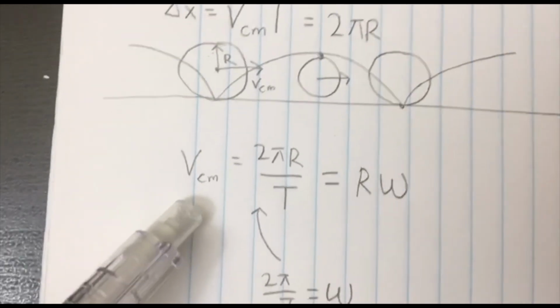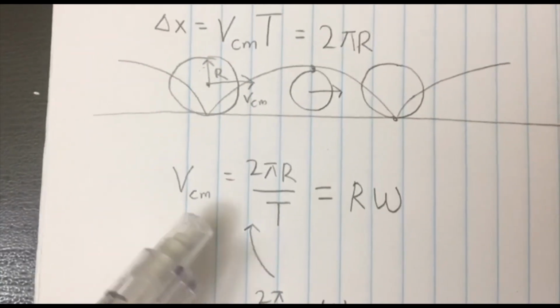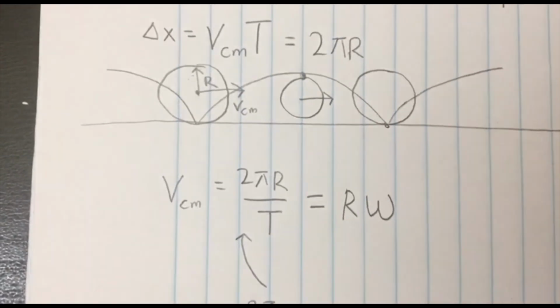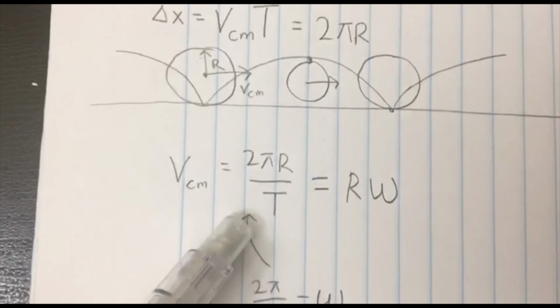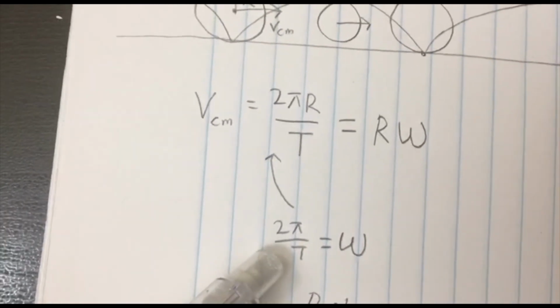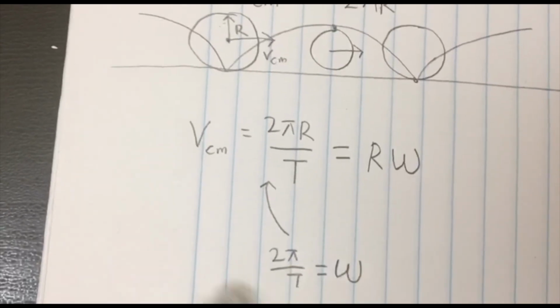To solve for the velocity of the center of mass, you would reorganize the equation and find v equals 2 pi r over the period. But also note that 2 pi over period equals the angular velocity.